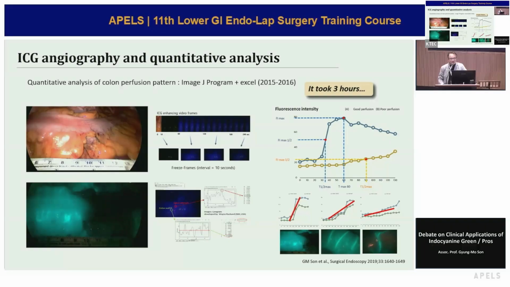In the last case, the ICG was shown in the vascular structure, but the enhancement time is very long. It's very, very poor perfusion status. So we need to differentiate perfusion speed and perfusion status using quantitative analysis.